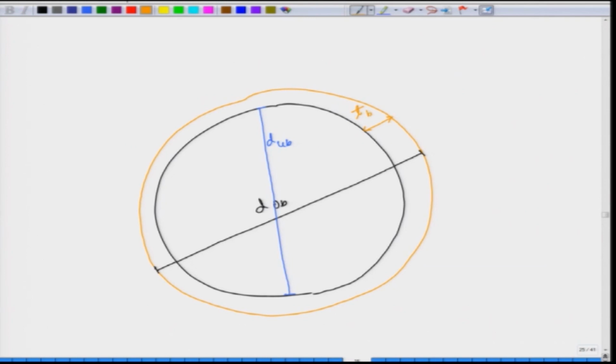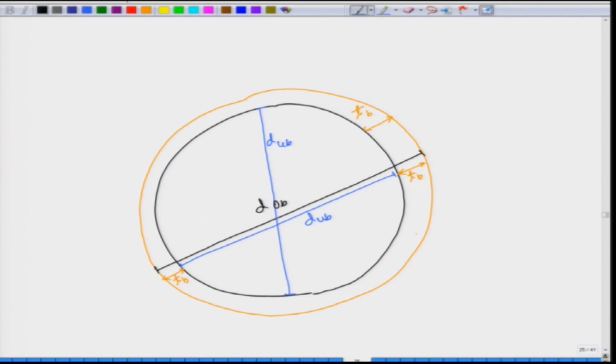Now, if we look at DOB, here you have a TB, you have a TB here, and you have a DUB here.